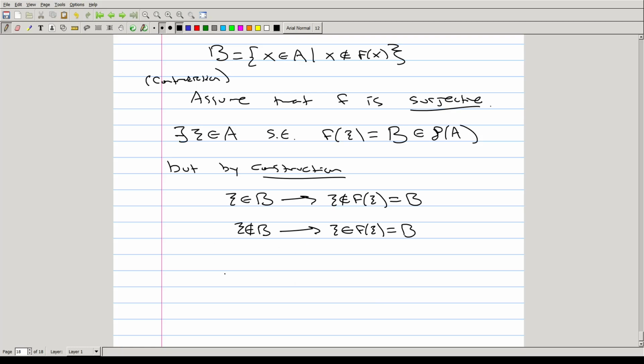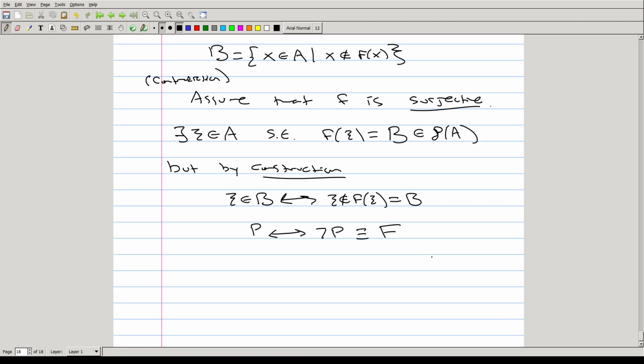Right, so we have a contradictory statement. We have that xi is an element of B if and only if xi is not an element of B, which is the statement P if and only if not P, which is a contradictory statement.